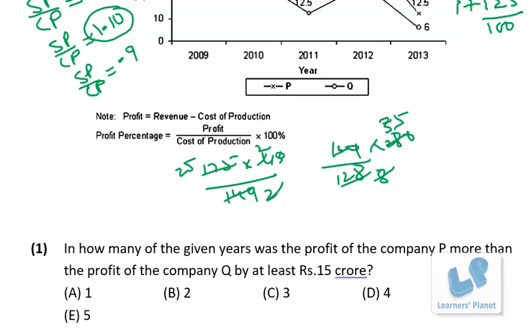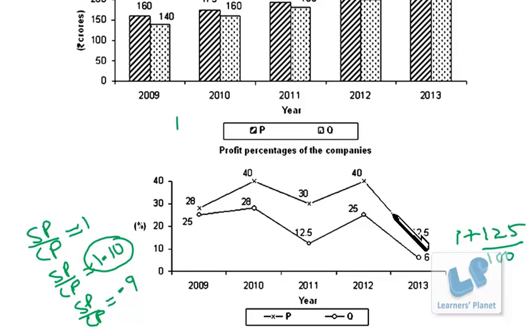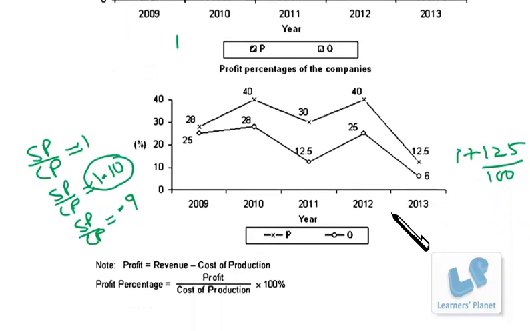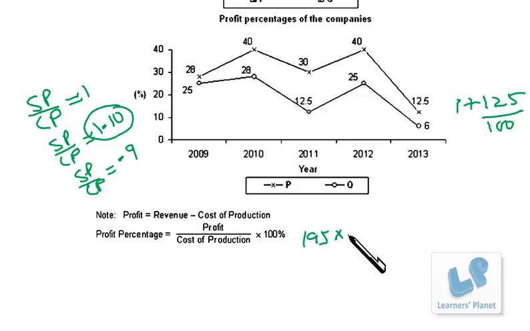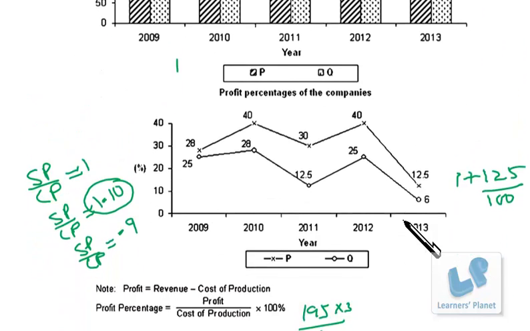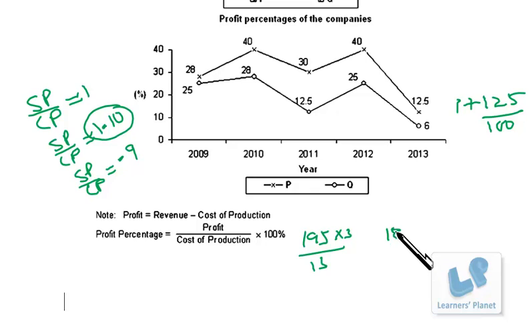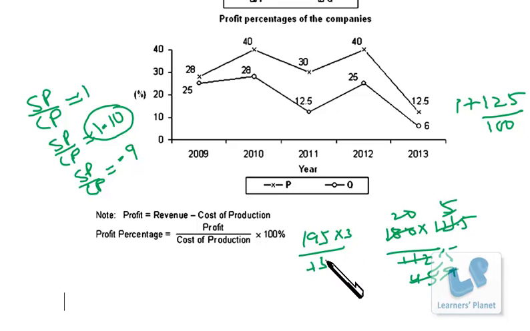So after that, for year 2012, it is 195 by and 180. So that's 45 and 20.